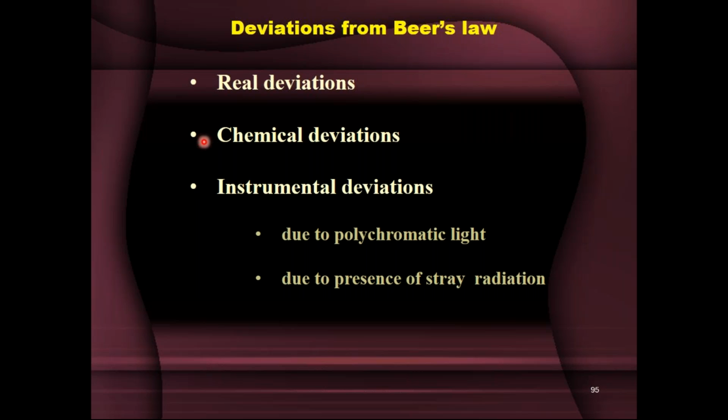Then you have second one, which is called chemical deviations, and the third one is the instrumental deviations. Instrumental deviations are again of two types. It could be due to polychromatic light being used, or it could be due to the presence of stray radiations. We'll see each one of these in detail. So we start off with real limitations.